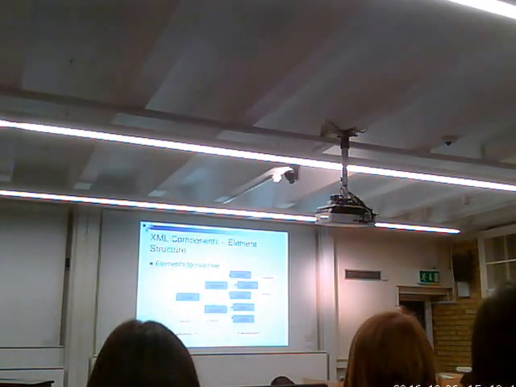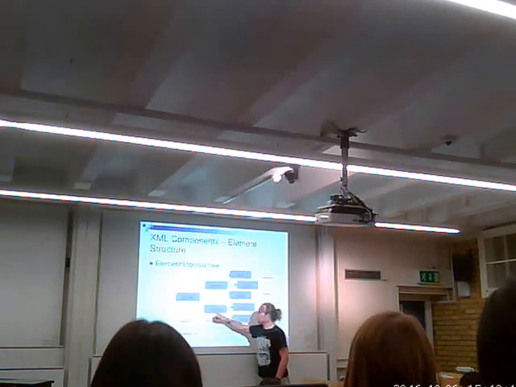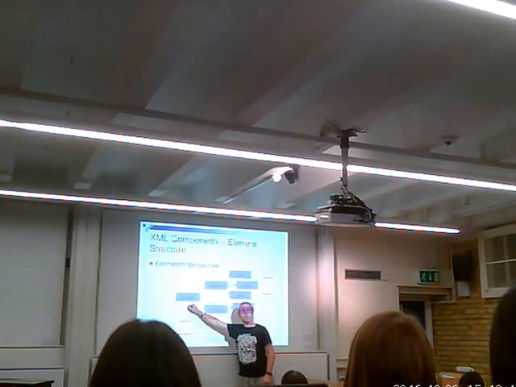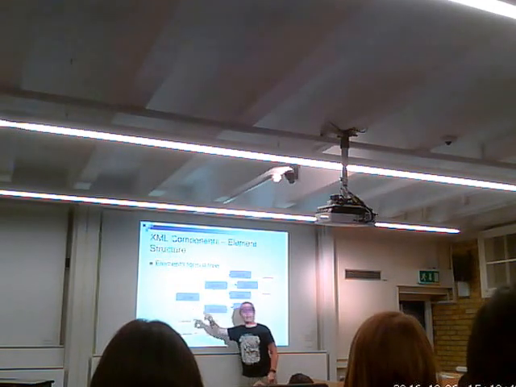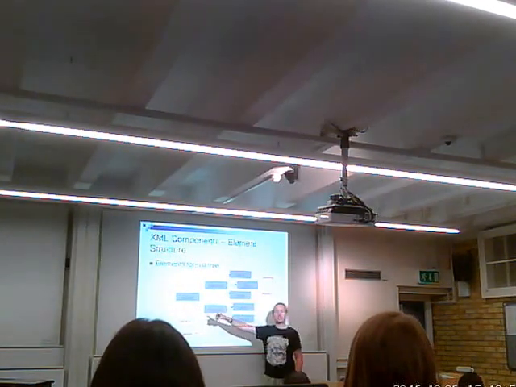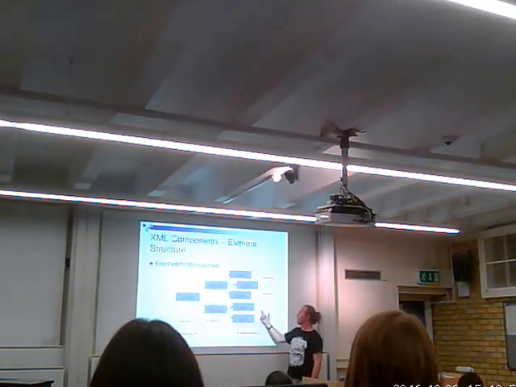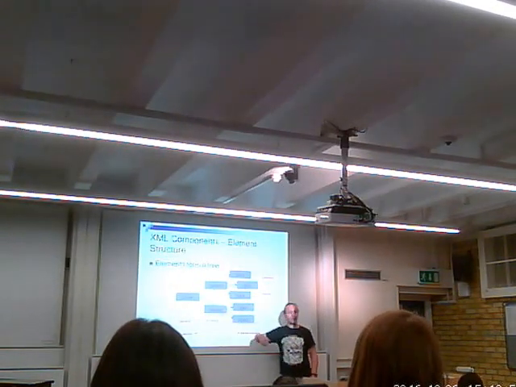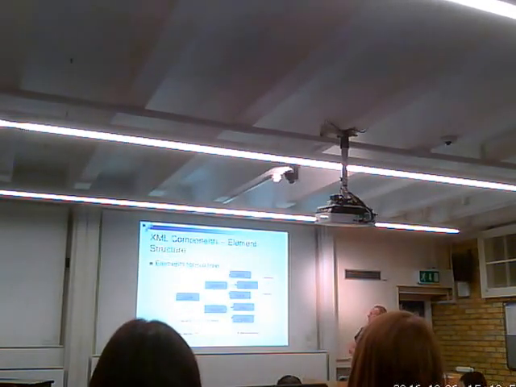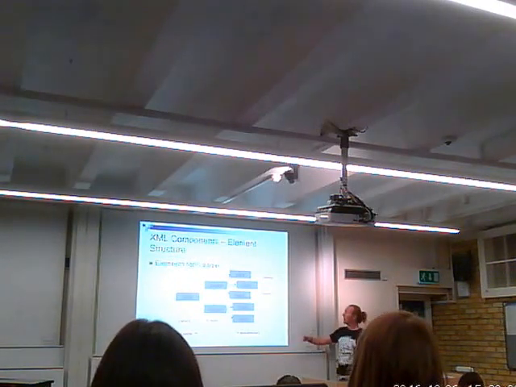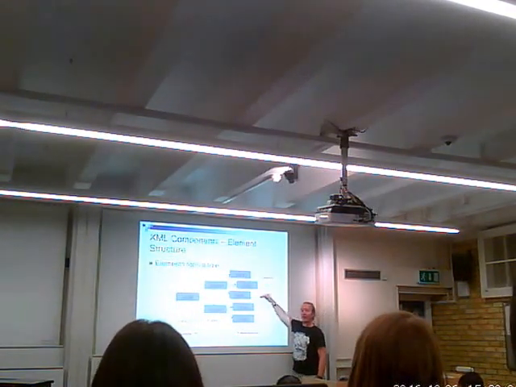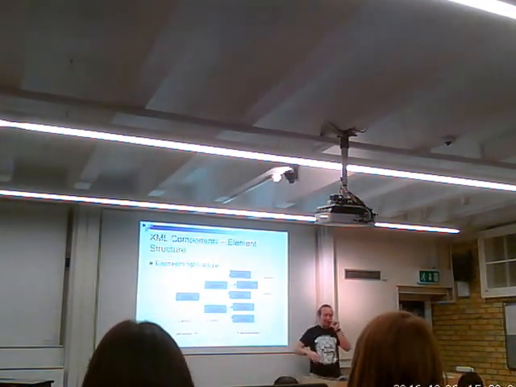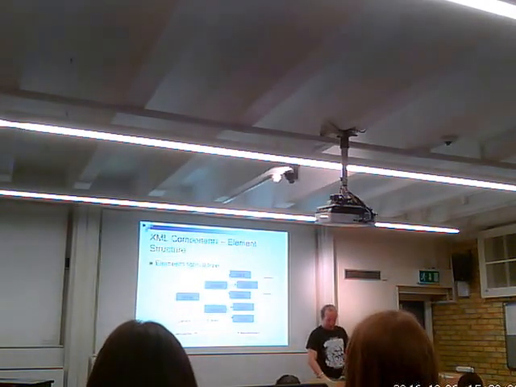So in this example, the chapter element is a child of the book element, and the book element is the parent of the chapter. And so on, this follows, so a paragraph is a child of chapter. You might also hear people talking about sibling elements, so the paragraphs within a chapter are siblings.